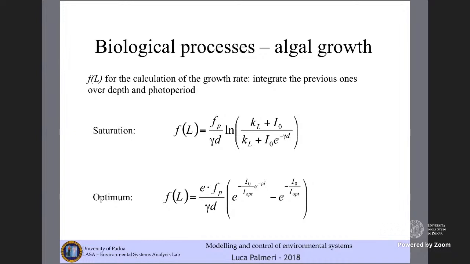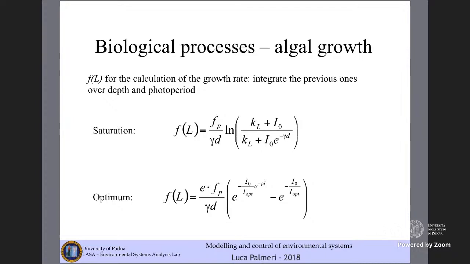Of course, you may recall that another important aspect we described during the last lecture is that of light extinction, due to the fact that light crosses media that are full of different elements that may perturb the way light propagates.